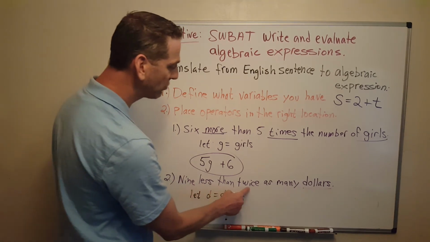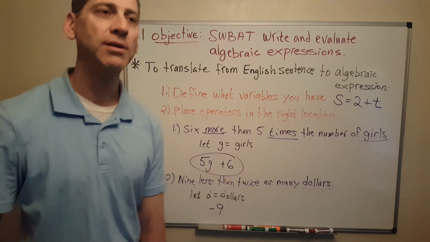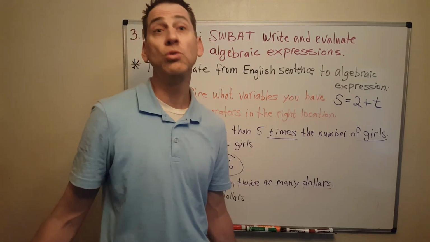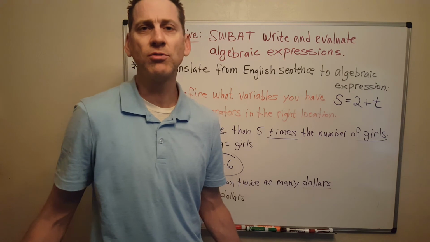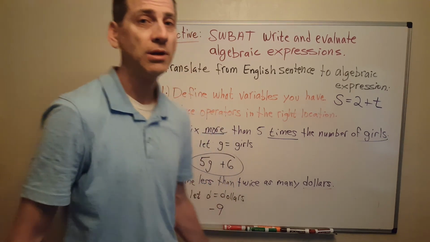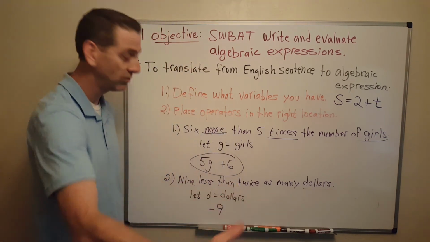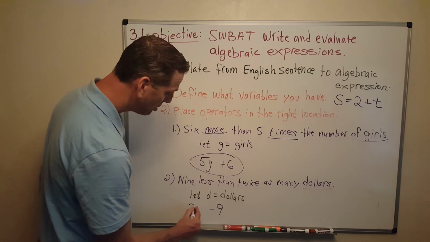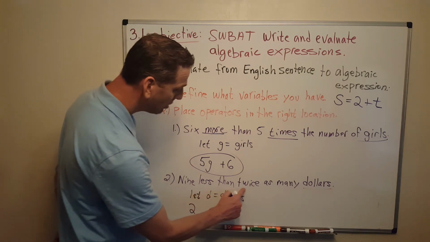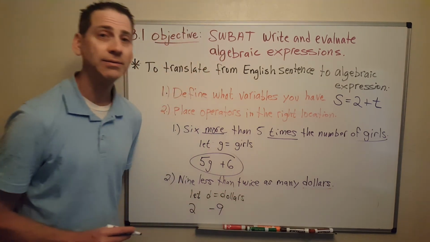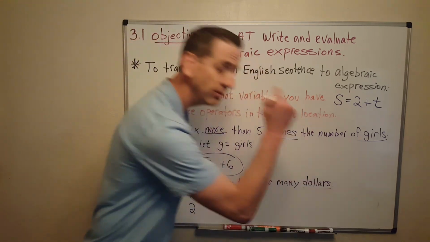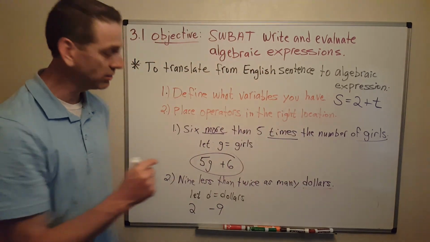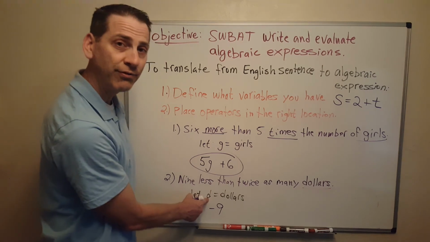9 less than twice. What does twice mean? Twice is just another way of saying 2 times. You have 2 times as much, or twice as much. That just means multiplication. Twice as many what? Dollars. What do I use for dollars? I've already defined that.